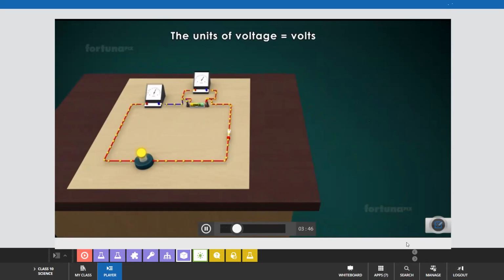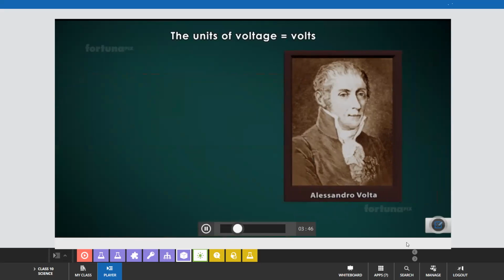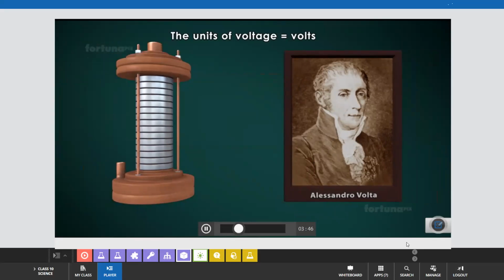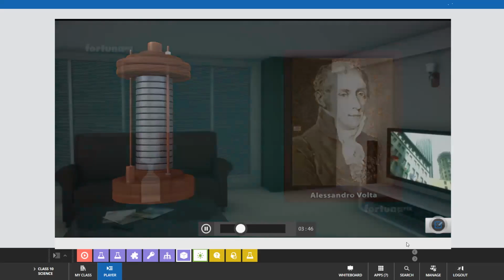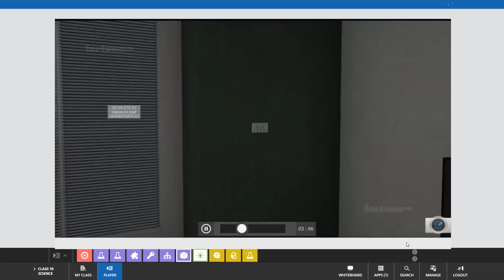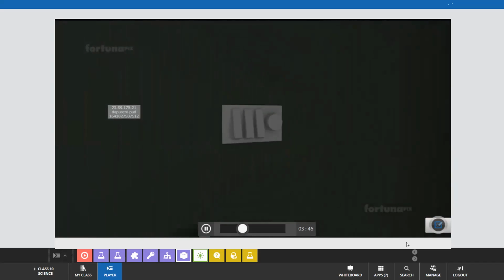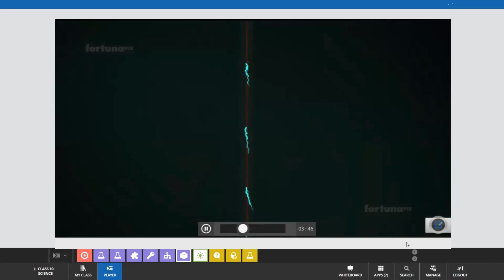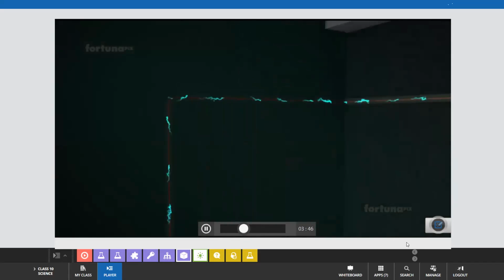The units of voltage are volts, named after physicist Alessandro Volta, who developed the earliest battery, and they are represented by the symbol V. We need to remember that voltage is just potential. To do any work, the electricity must first flow through a conductor, such as a copper wire.